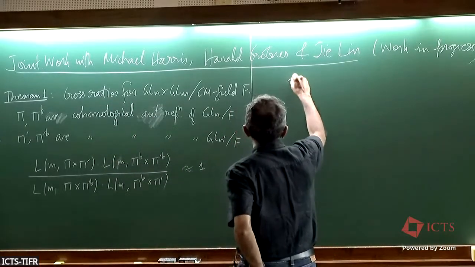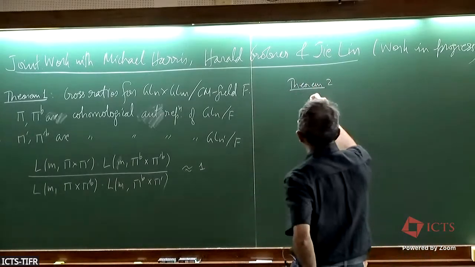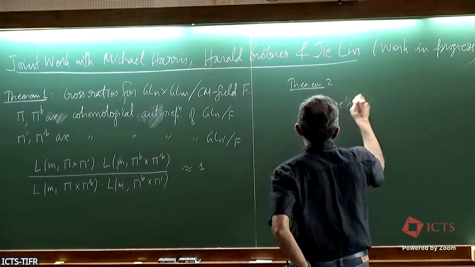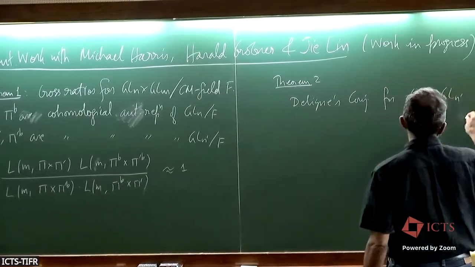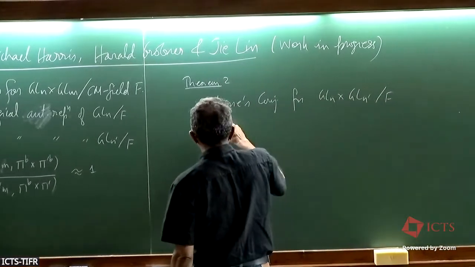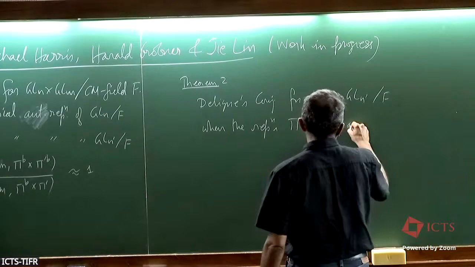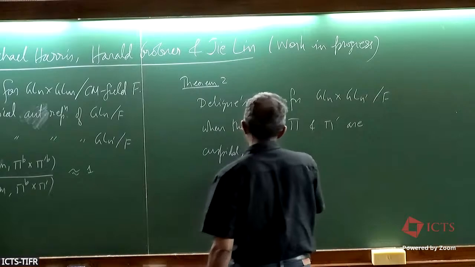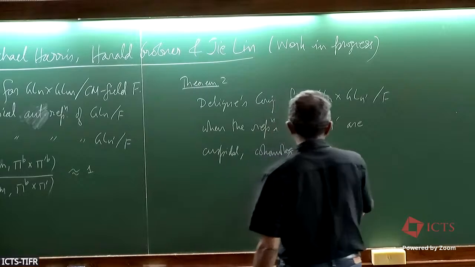And then the second theorem is, using cross ratios, a proof of Deligne's conjecture for Rankin-Selberg GL_N cross GL_N prime over F, when the representations pi and pi prime are cuspidal, cohomological of course, and conjugate self-dual.